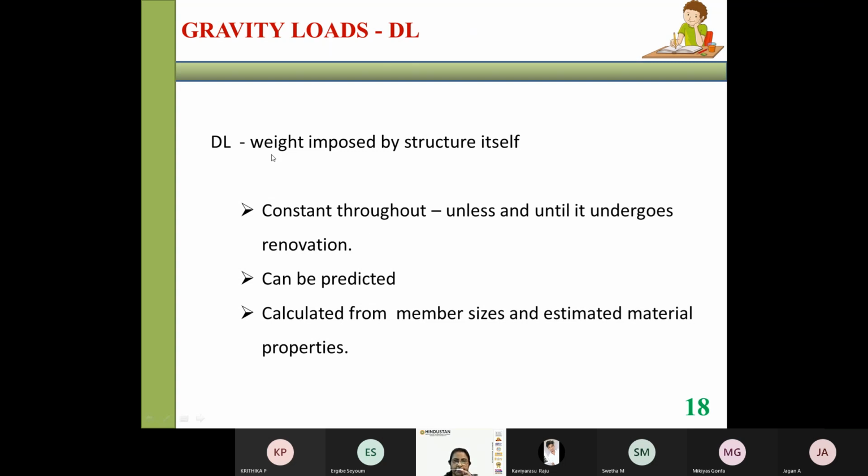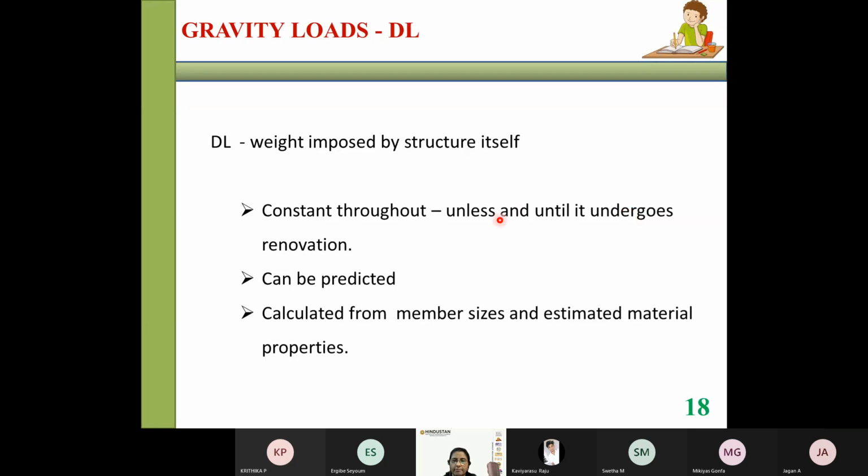Dead load. Dead load is the weight imposed by the structure itself. It is constant throughout unless it undergoes renovation. Why? Because when we construct, we fix the beam, column and slab dimensions.